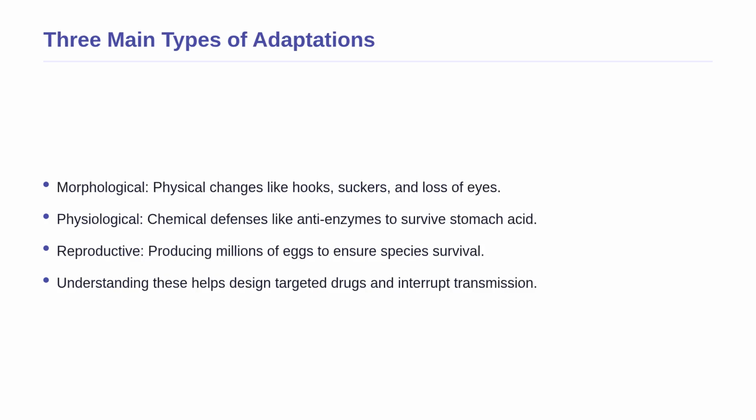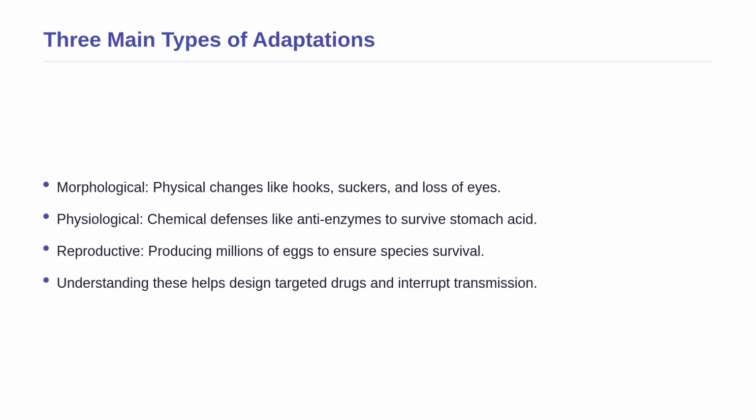Now that we understand the challenges, let us look at how parasites actually overcome them. They do this through three main types of adaptations. First, morphological adaptations are physical changes. They develop attachment organs like hooks and suckers to hold on tight, and they lose unnecessary structures like eyes or legs. Second, physiological adaptations involve chemical defenses.